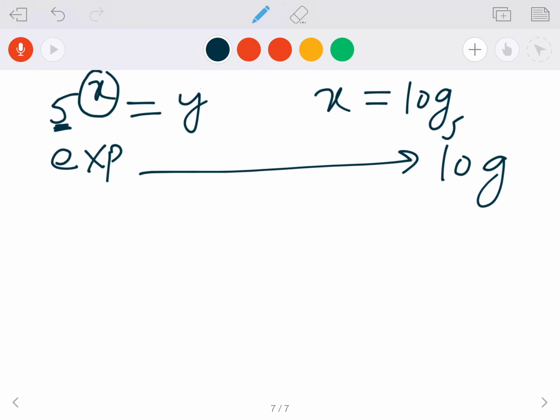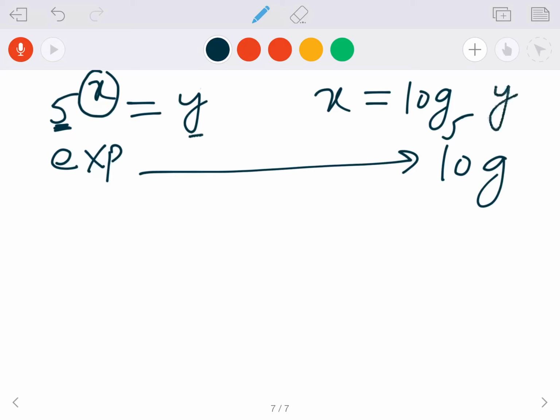So log base 5 of y. All right, this is always how you change from an exponential function to a log function.